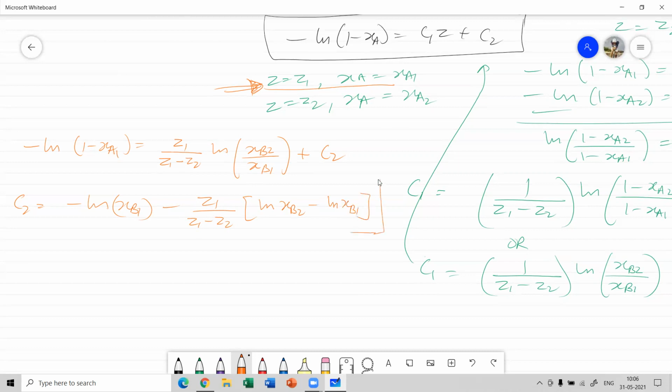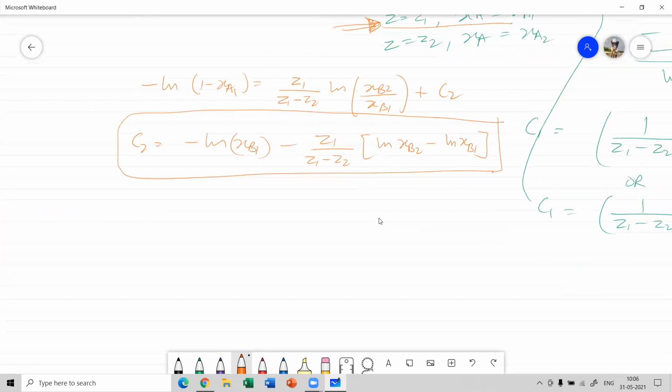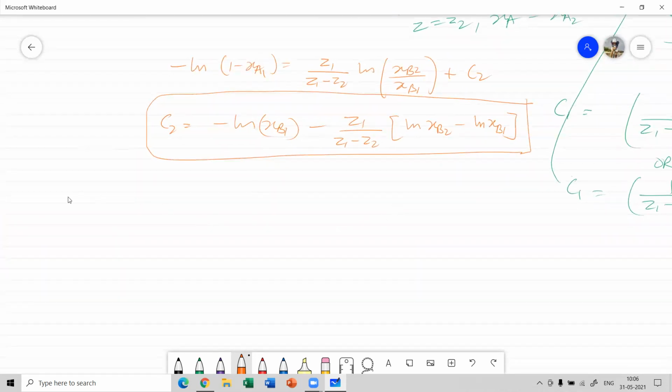It can be written like this. Now this is the value of C2, which can further be rearranged. So let's do some modification in C2. C2 can be written as minus ln x_B1 minus, the bracket is open, z1 over (z1 minus z2) ln x_B2 plus z1 over (z1 minus z2) ln x_B1.